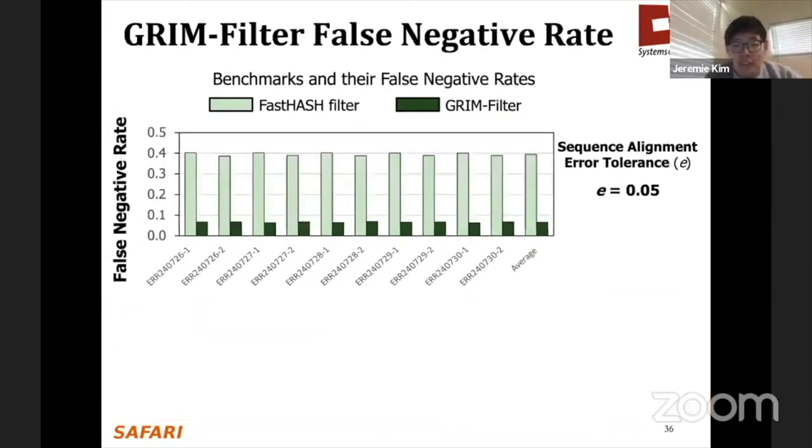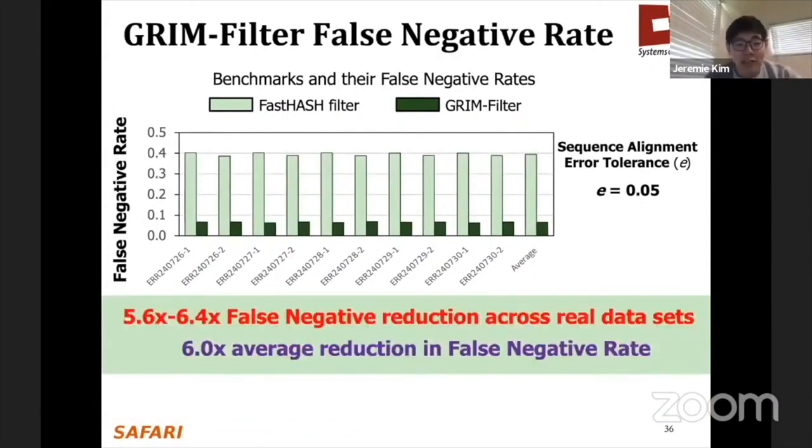In terms of the false negative rates, which are on the y-axis here, we get up to 6x fewer false negatives, which means that you can check far fewer locations for alignment.